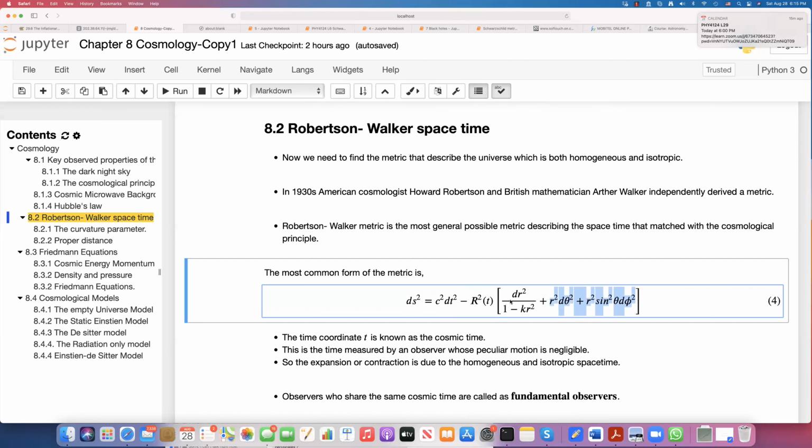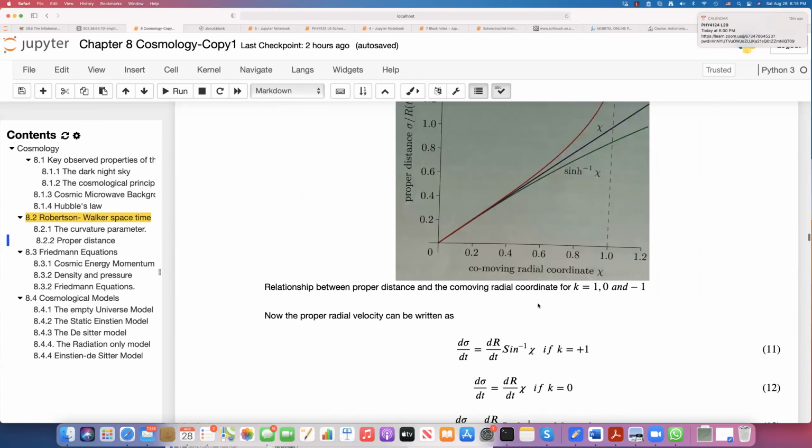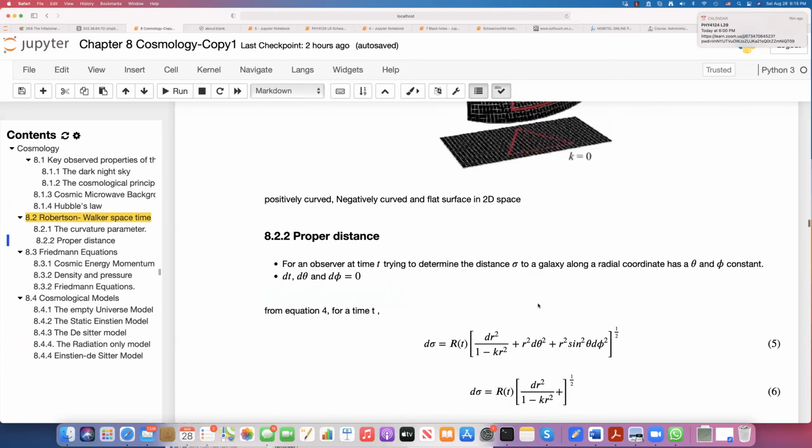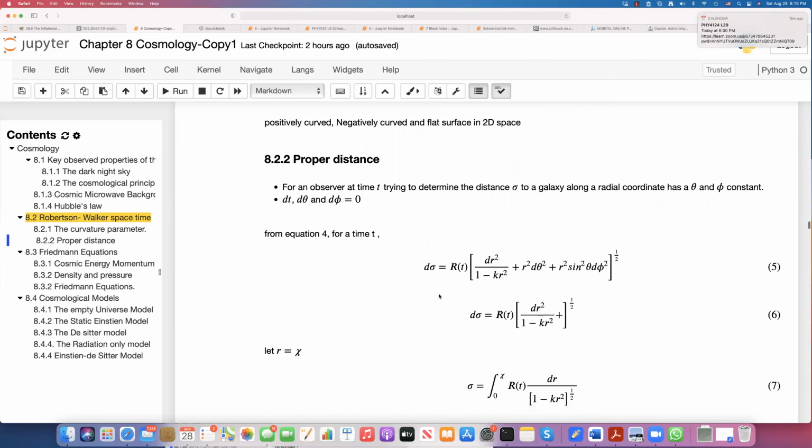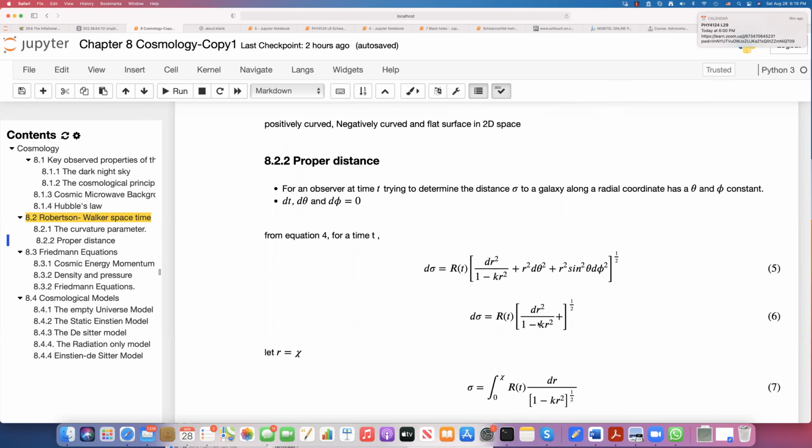So what you will have is only this first term that depends on r. And if I go back to the equation, as I have mentioned here at the end, you will have d sigma equal to R(t) times dr squared over 1 minus kr squared.